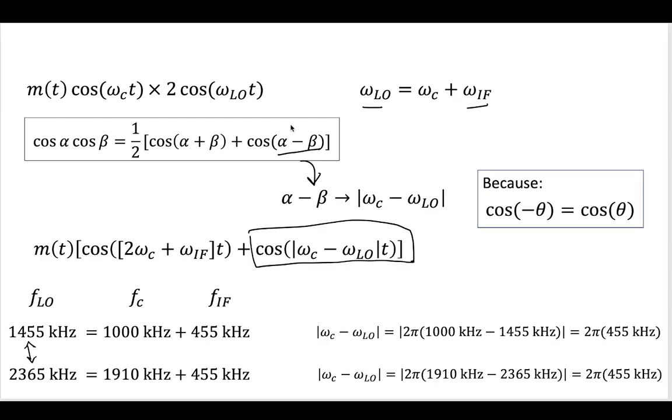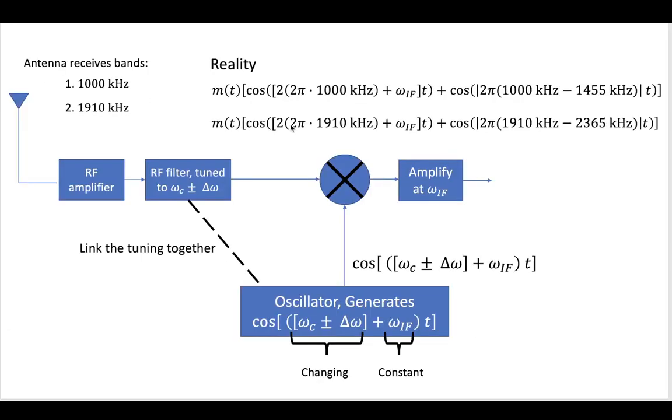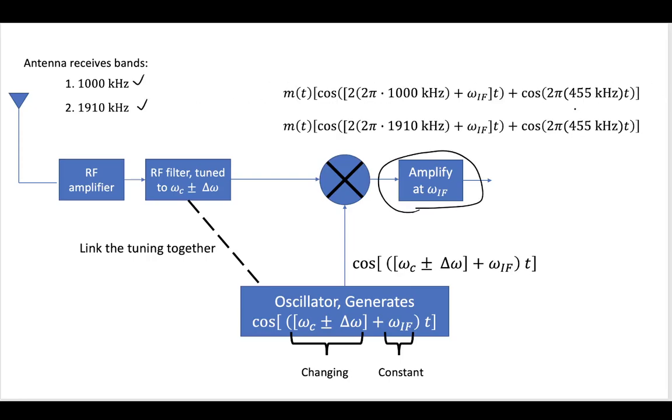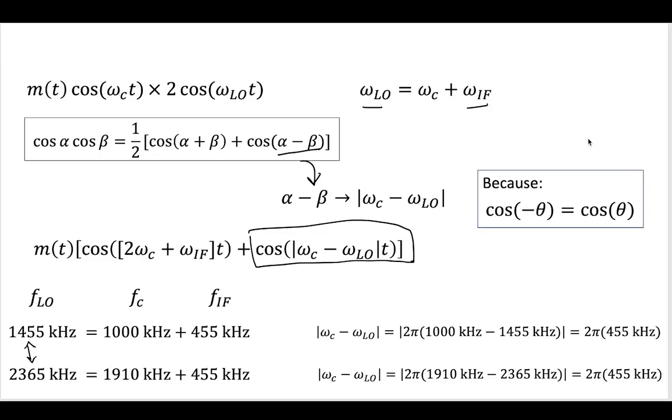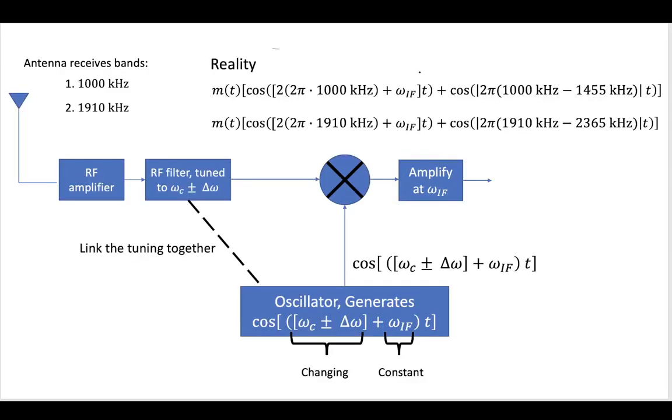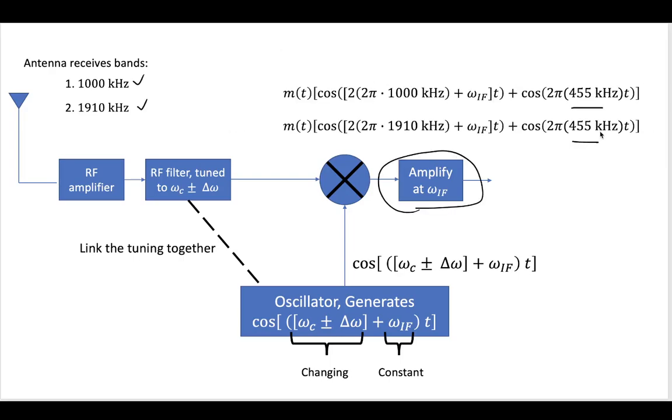And that's because these two channels, we can call them image channels. So those two would end up at the same place. What we have is 1000 minus 1455 and 1910 minus 2365, and both of those equal 455 kilohertz.